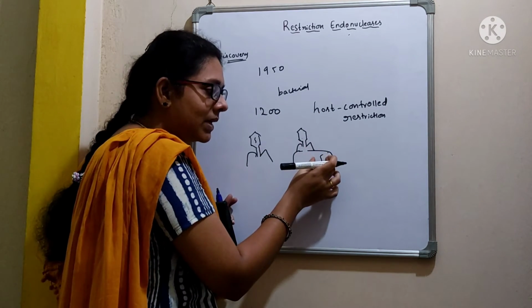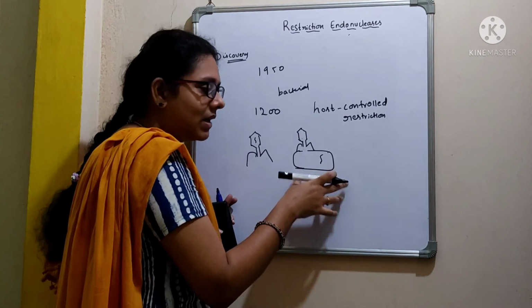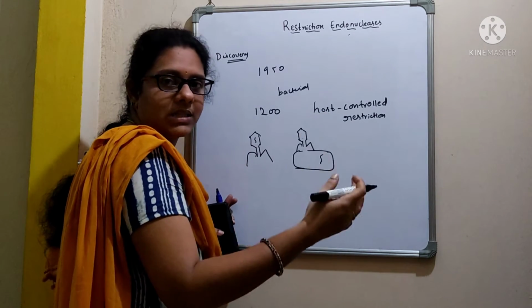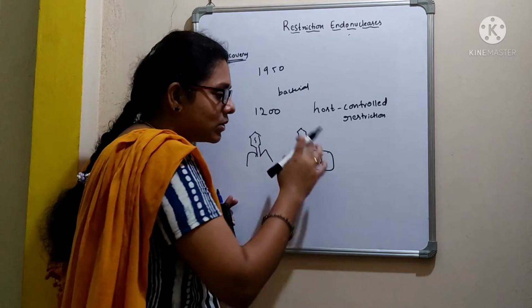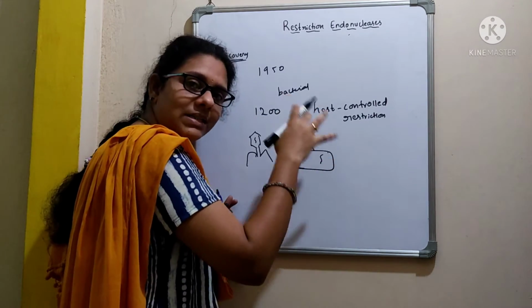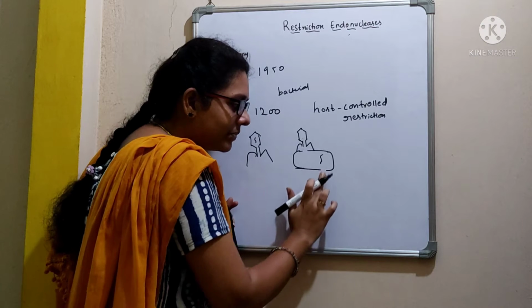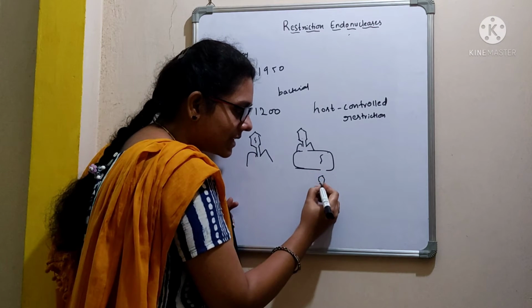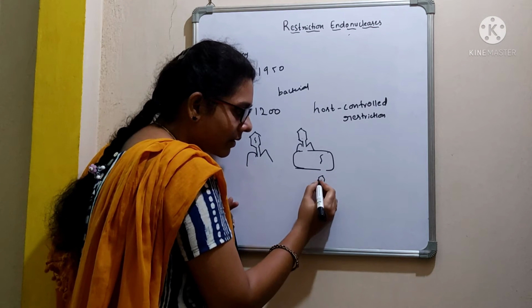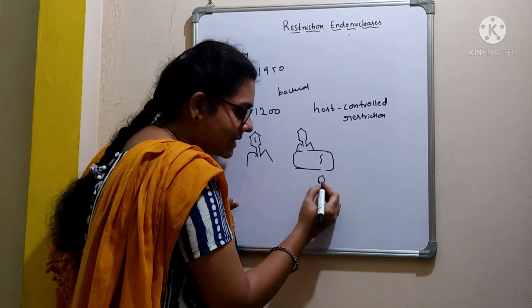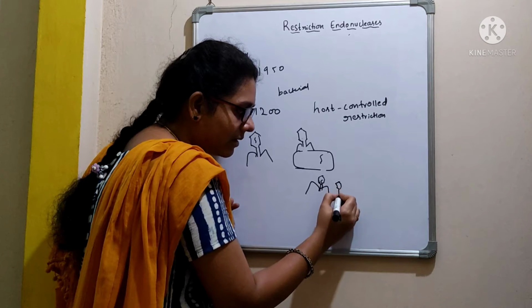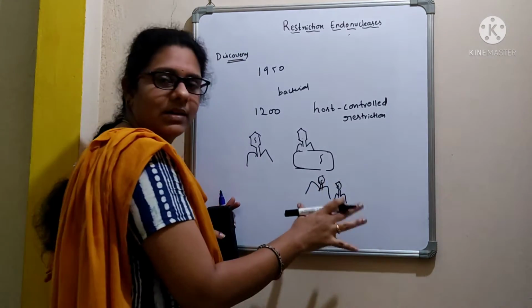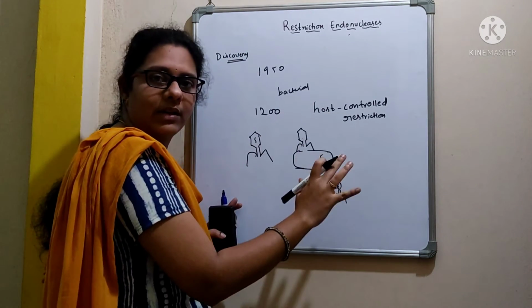Once the genetic material enters the bacterial cell, it will undergo replication, transcription and translation, giving rise to a new viral progeny. Once all the virion particles assemble within the bacterial cell, they are going to lyse the bacterial cell and the new viral progeny will be released, right? So this is the life cycle of a bacteriophage.